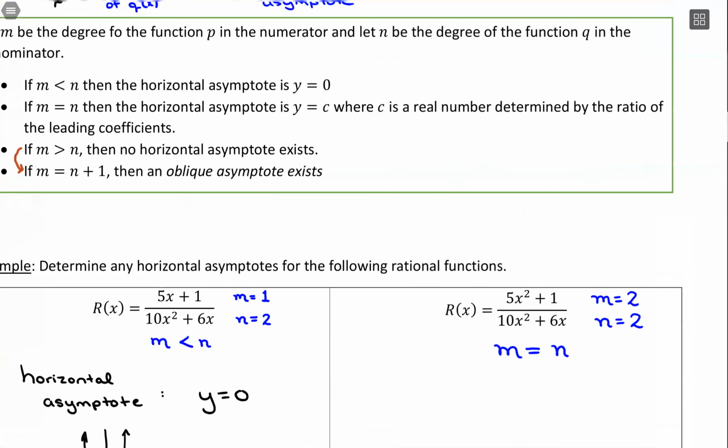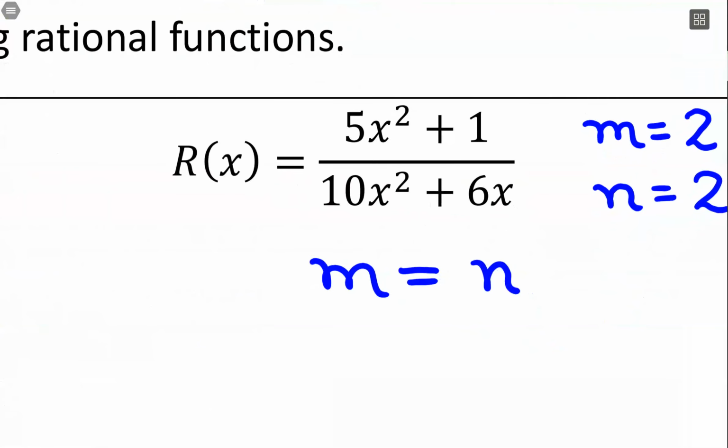Like I said, the wording's a little tricky here, but basically our horizontal asymptote's going to be a real number that we're working with, and it's determined by the ratio of the leading coefficients. So our leading terms, if we find those first, the leading terms is where we got our degree. So that 5x squared is our leading term, and the 10x squared is our leading term. We want to create a ratio of those numbers, and it's set up for us already.